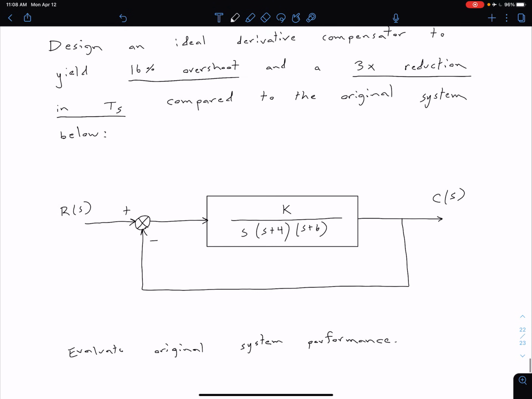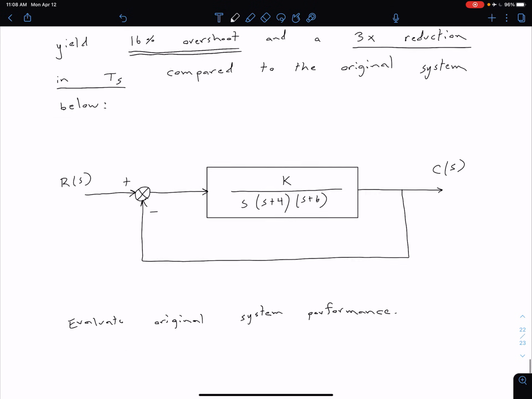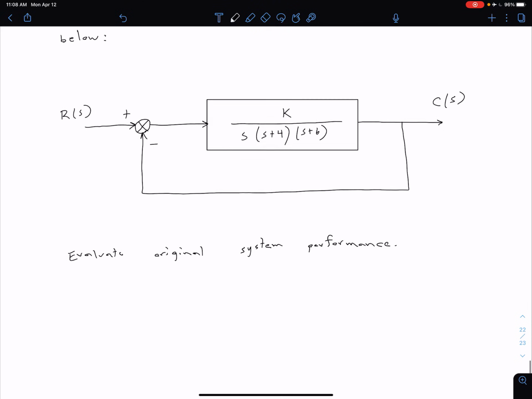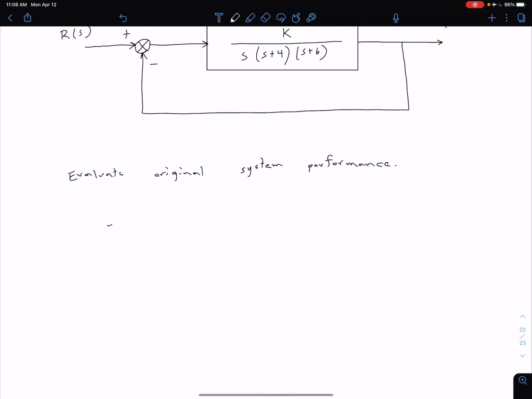And so we know that our system is operating at a 16% overshoot. So we want to find what our damping ratio is that corresponds to that. So we can go back to our previous equation that we looked at when we were dealing with time response.